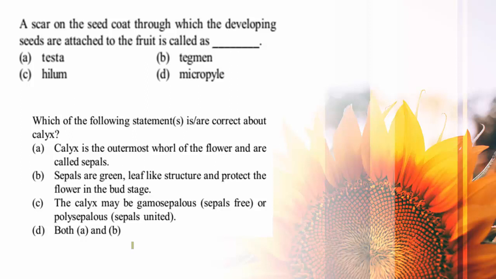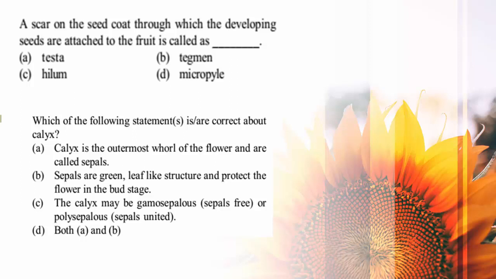Then micropyle, it is a small opening which is left as the integuments are not joined with each other. Even this micropyle remains as it is even after the formation of seed, and through the micropyle itself the water enters into the seed. As a result, it supports the germination. So which one is the answer?